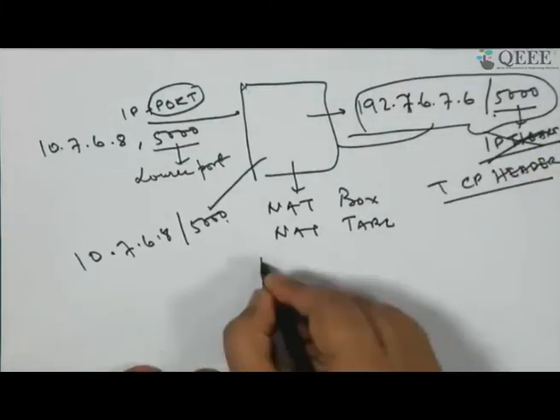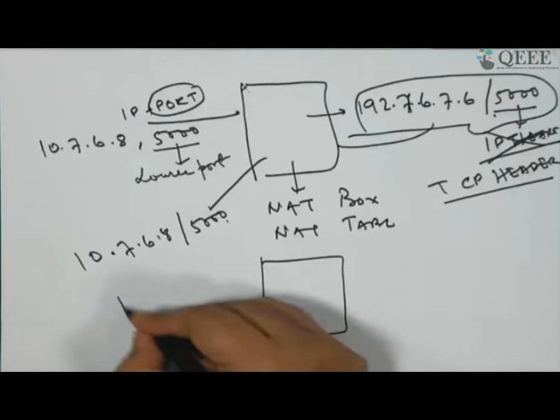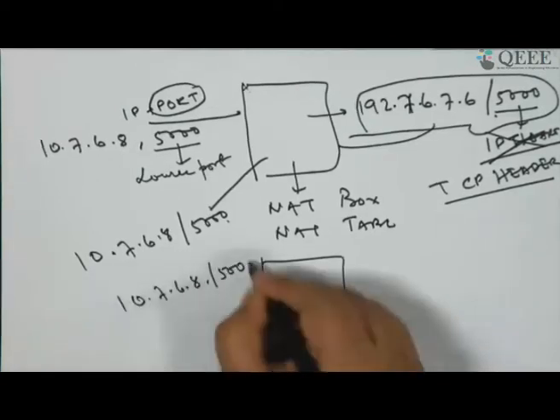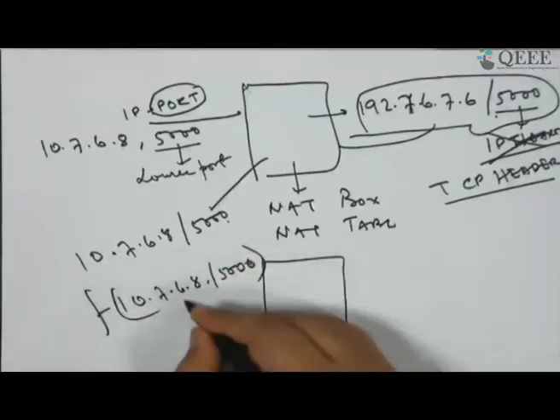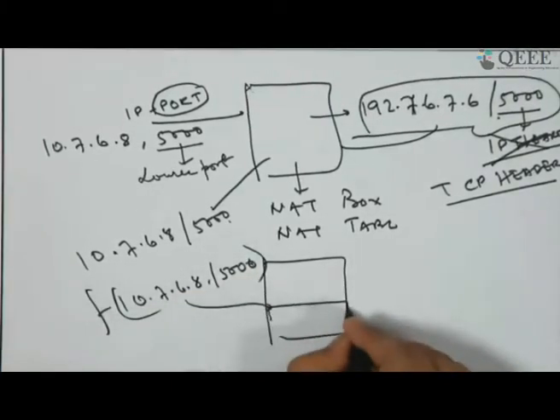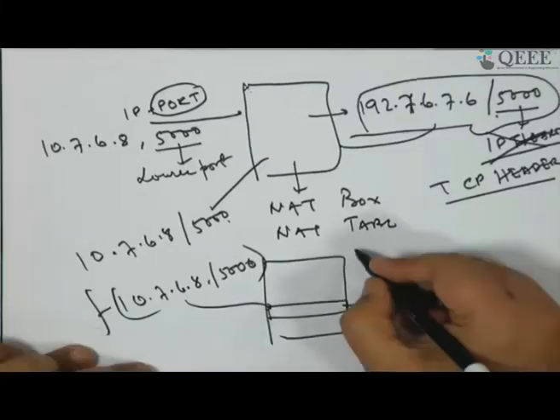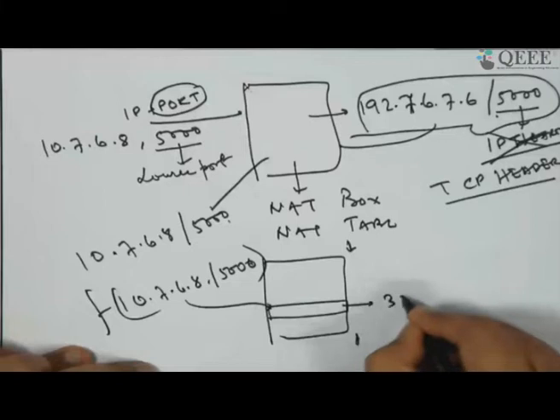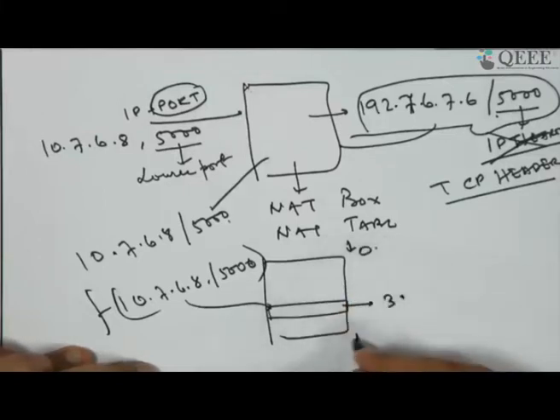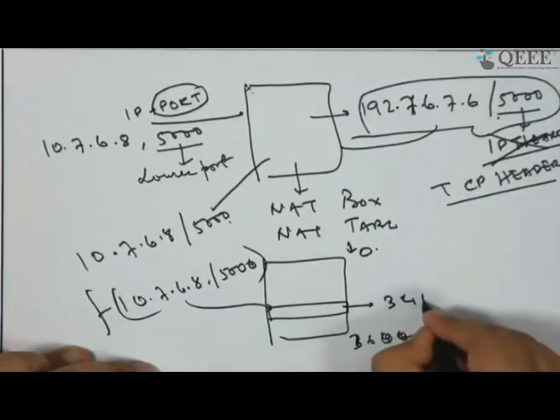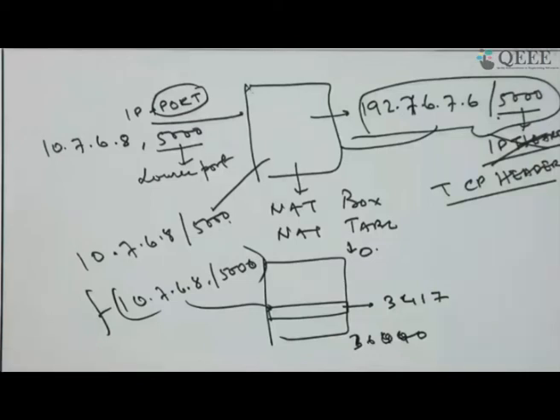What we do is we simply take this 1, 7, 6, 8 and 5000 and apply a hash function and get an entry in this table. This table is, say, from 0 to 36,000, and from the hash function you get 3417.